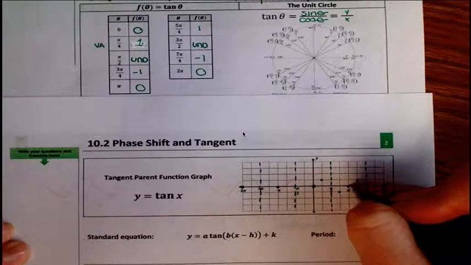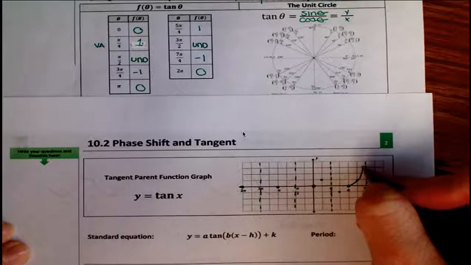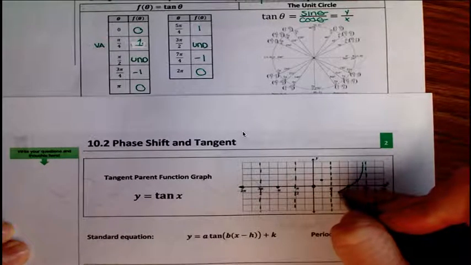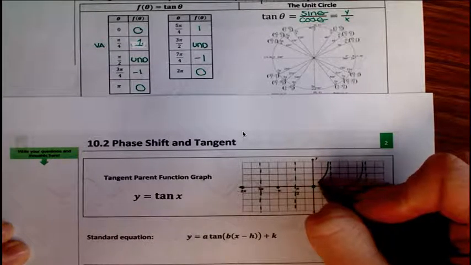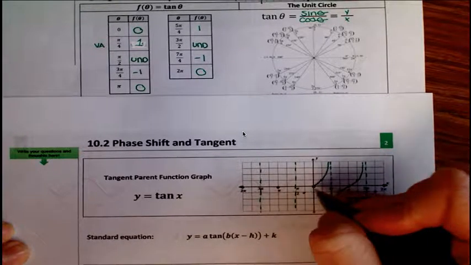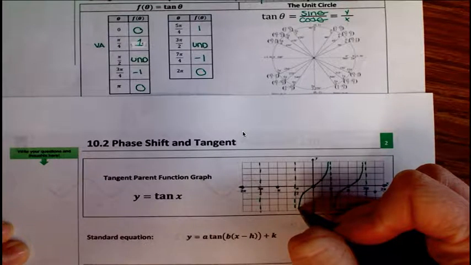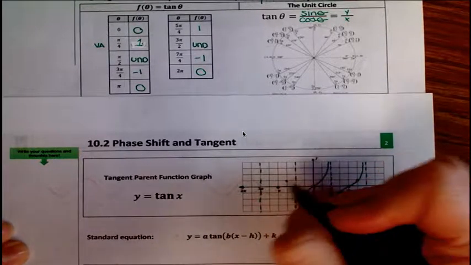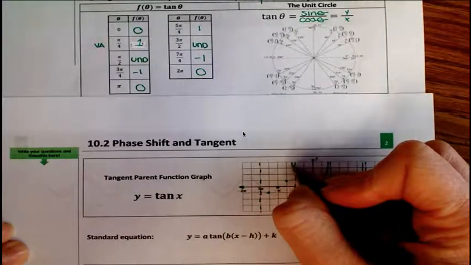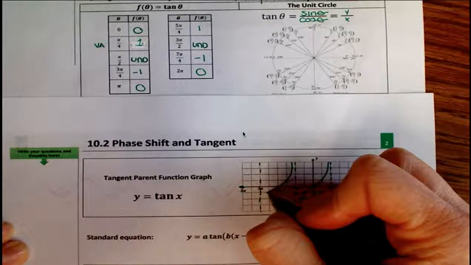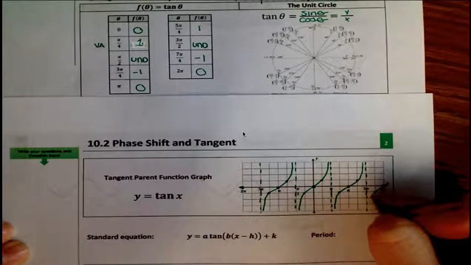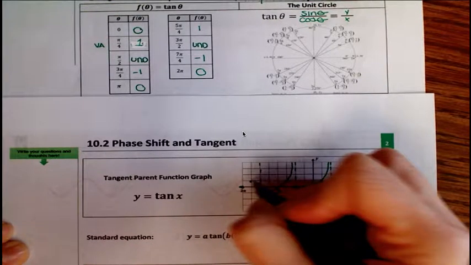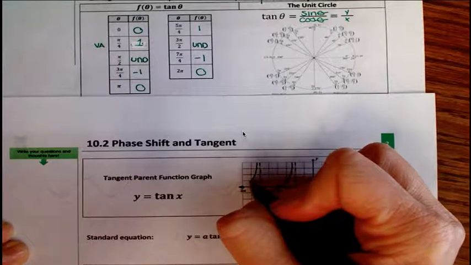You're going to be approaching those asymptotes. And your tangent graph is not this nice continuous curve that goes right through there. It's actually a graph that's broken up into all these little pieces. So that one would look like this, and up here it would be going just like that.